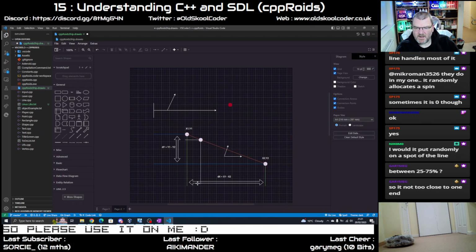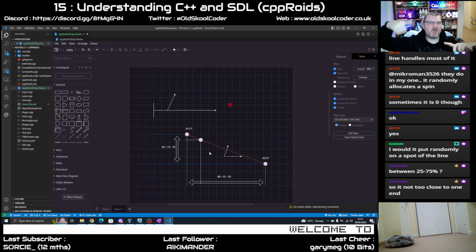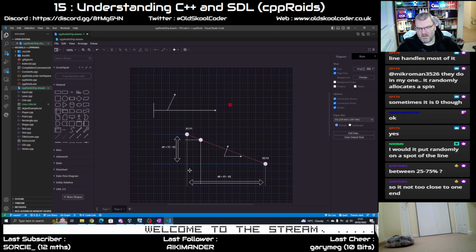For this part we'd use the Y differential to give us the radius that we're going to rotate round, and the X would be the other line, this number.